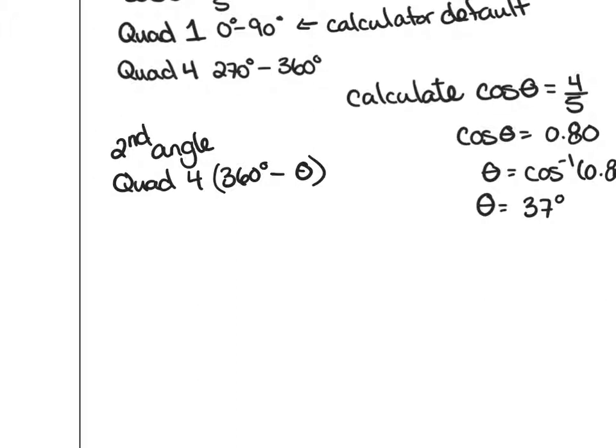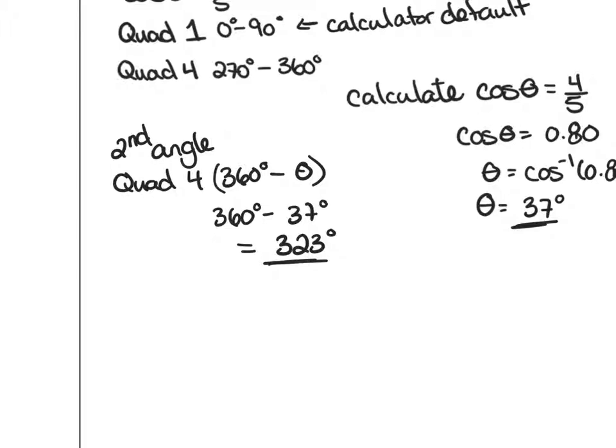We're just going to do 360 minus the angle we found, 37 degrees. 360 minus 37 is 323. And there you have it. That is one angle that satisfies that ratio for cos, and this is the other one. So we actually get two answers.